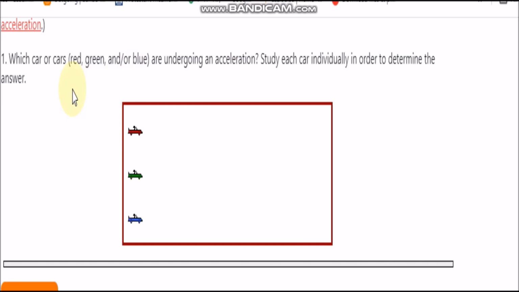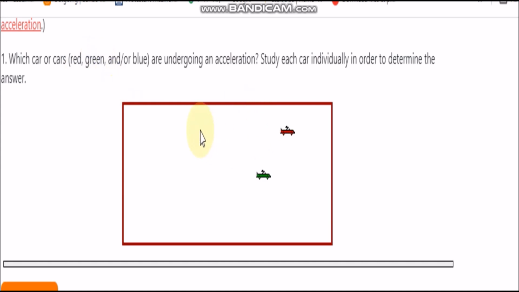From this simulation, which car, red, green, or blue, is undergoing acceleration? Which car do you think is accelerating? The blue, the red, or the green?